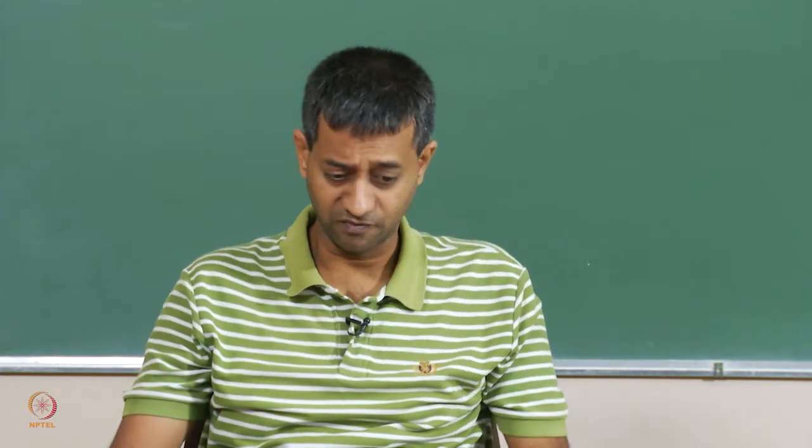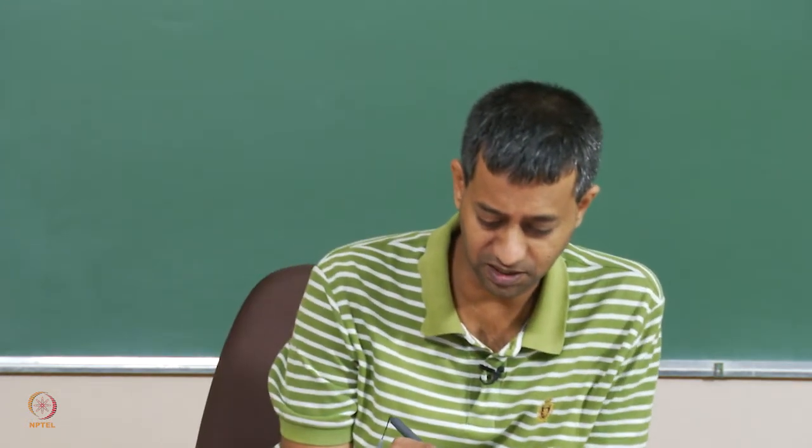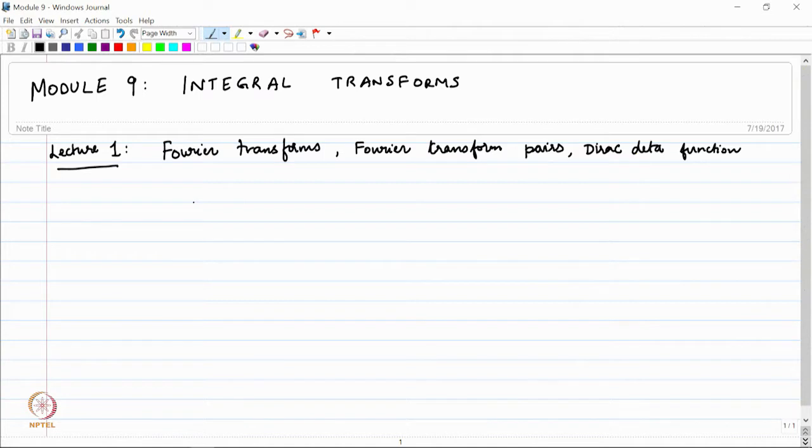When we did the Fourier series, we wrote f of x, using the complex form, as the sum from n equal to minus infinity to plus infinity of C n times e to the i 2 pi by L n x, where C n is the coefficient.